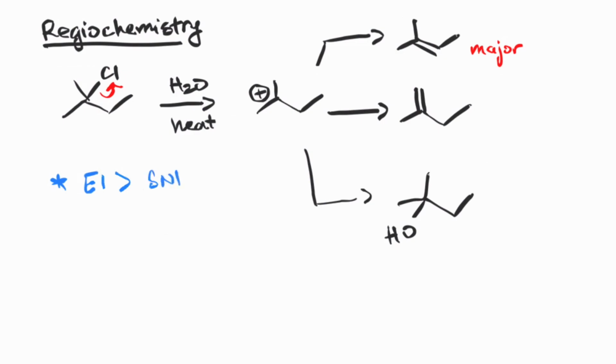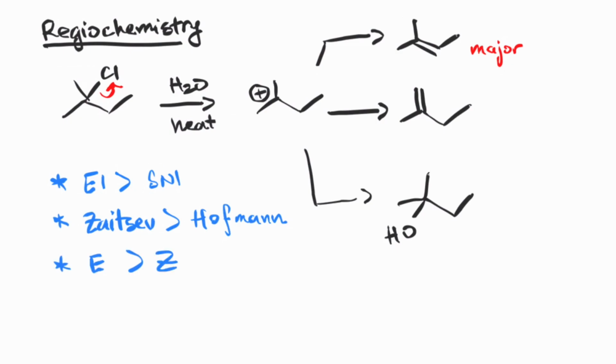Oftentimes, the elimination product will be the major product as compared to the substitution product, but that has to be determined on an individual basis. And as we have said, the Zaitsev product will be favored over the Hofmann product. And if there is stereoselectivity, then the E isomer will be favored over the Z isomer, simply because it is more stable.